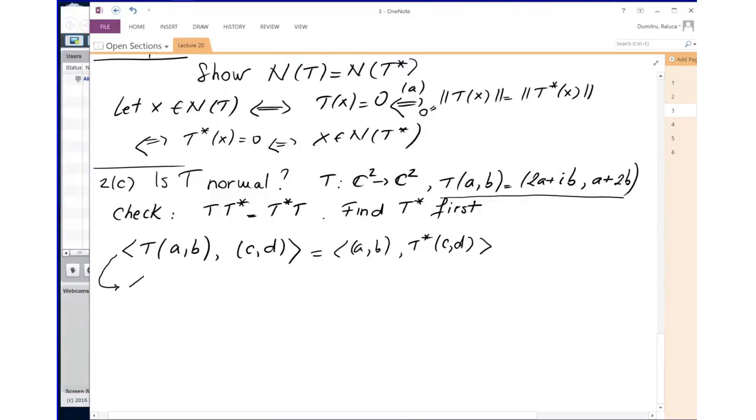So T of A, B is 2A plus IB and A plus 2B, inner product with C, D. Nothing is specified about what inner product to take on C2, and when that's the case, you just take the standard inner product, so that's the sum of x_i, y_i conjugate. So that is 2A plus IB times C bar plus A plus 2B times D bar.